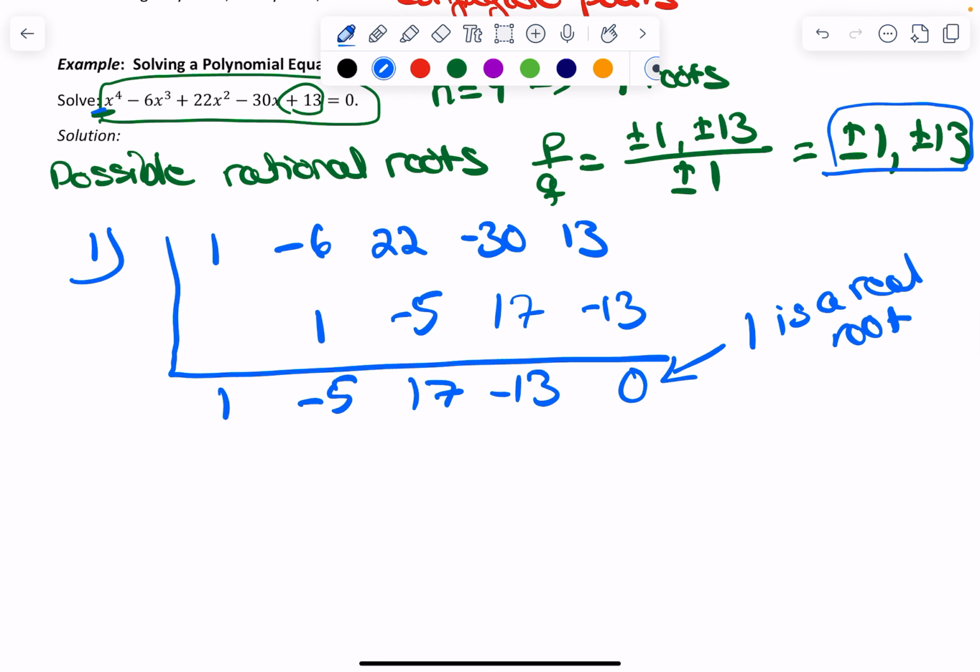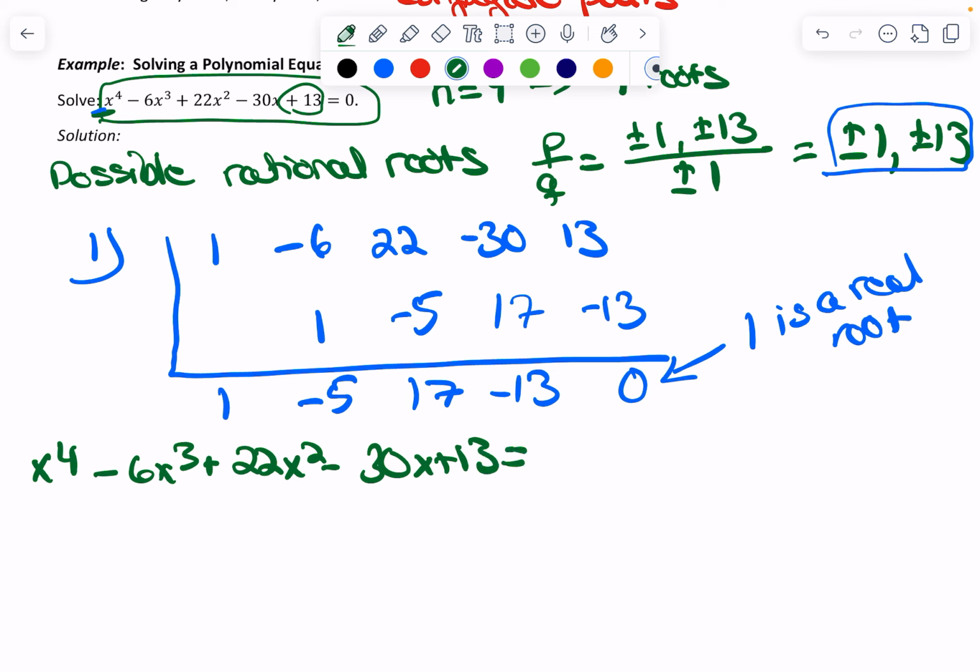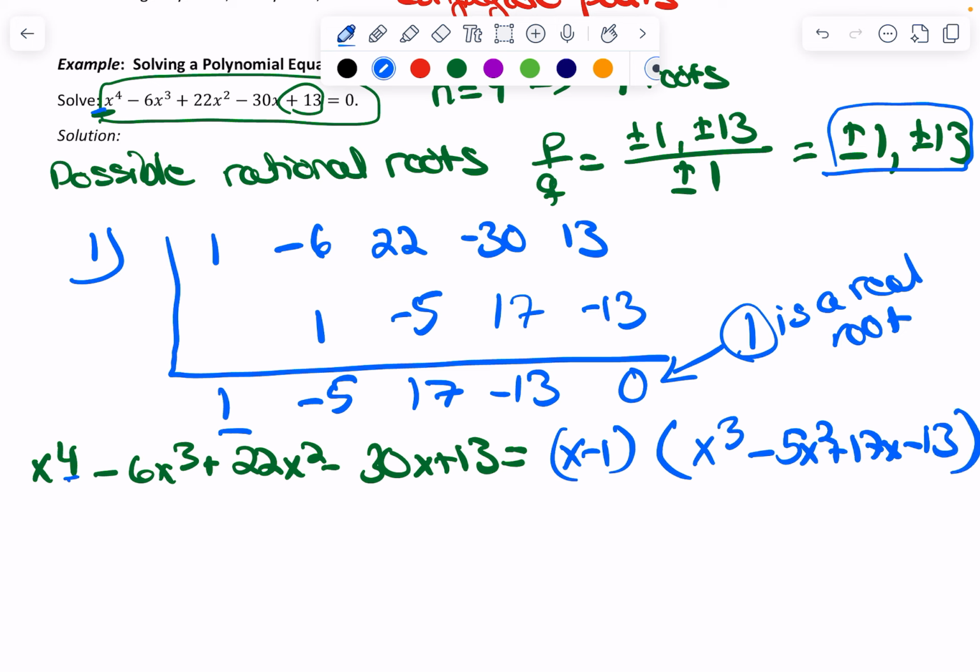Okay, so our original polynomial x to the power 4 minus 6x cubed plus 22x squared minus 30x plus 13 has factors of x minus 1, that comes from here, and then the other factor is x cubed, again 1 less than the power of the original one, minus 5x squared plus 17x minus 13.